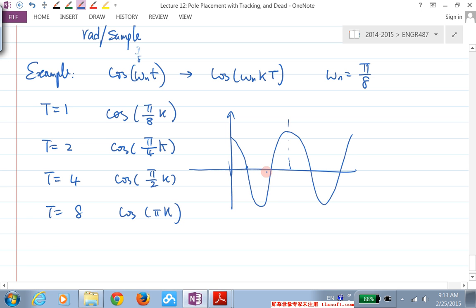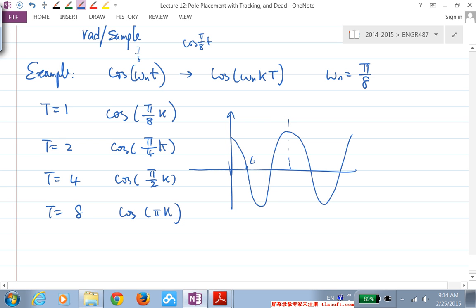Sine here, sorry, what was it? When t equals 4, this is supposed to be pi over 2, right?